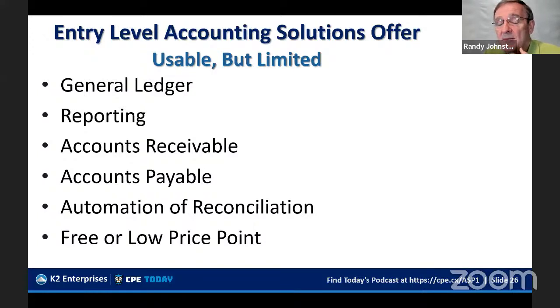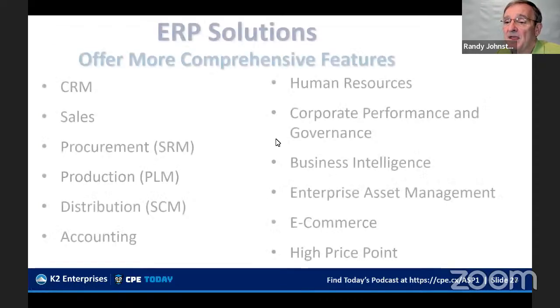Hard to believe, but generally reporting is unsatisfactory in a lot of these platforms. There's limited accounts receivable and accounts payable, and there's a little bit of reconciliation, and they vary from a very low price point and sometimes free.